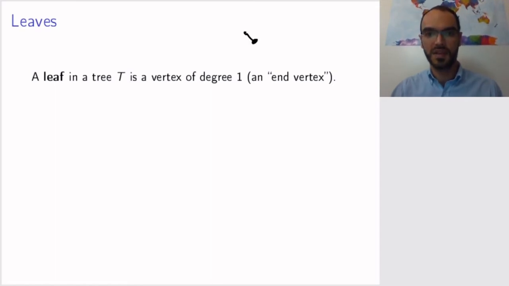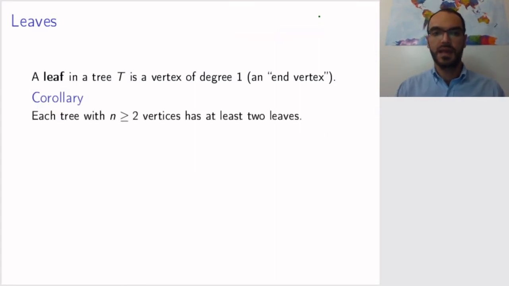So if you have a tree that maybe looks like this, then in this case you have 1, 2, 3, 4 leaves. And a consequence of the previous theorem tells us that each tree with at least two vertices has at least two leaves. So you can have many more than two leaves, but at least two leaves.